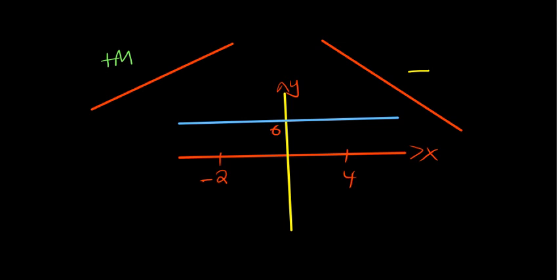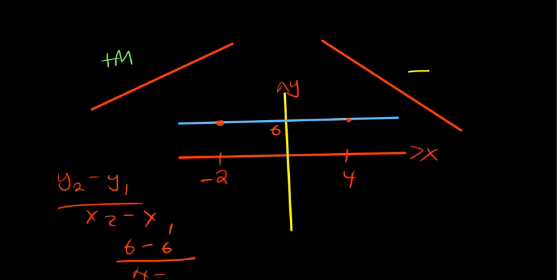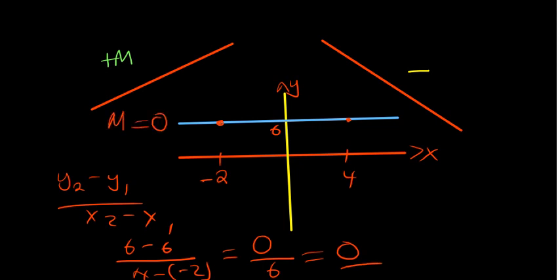When you use the formula, y2 minus y1 over x2 minus x1, you notice that for the y there is no change. So it's 6 minus 6. For the x, for the 2 points we have negative 2 and 4, so 4 minus negative 2 is 6. 0 divided by 6 is 0. So the gradient of a horizontal line is always equal to 0.